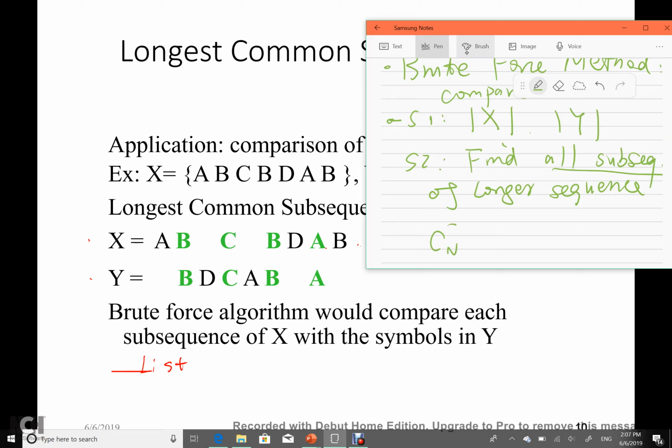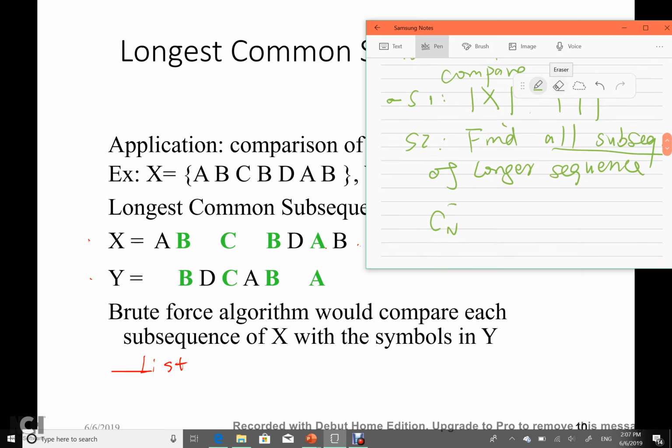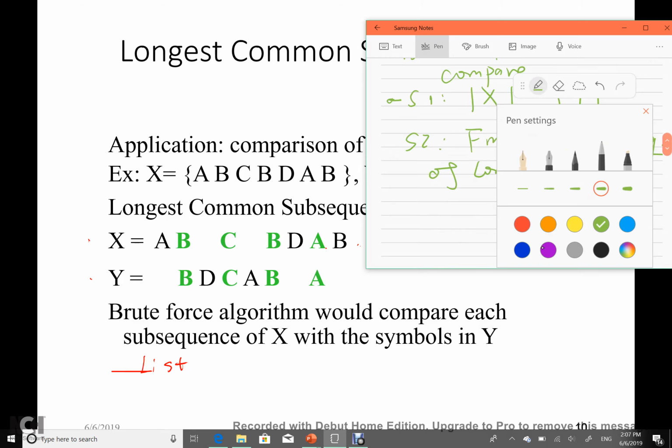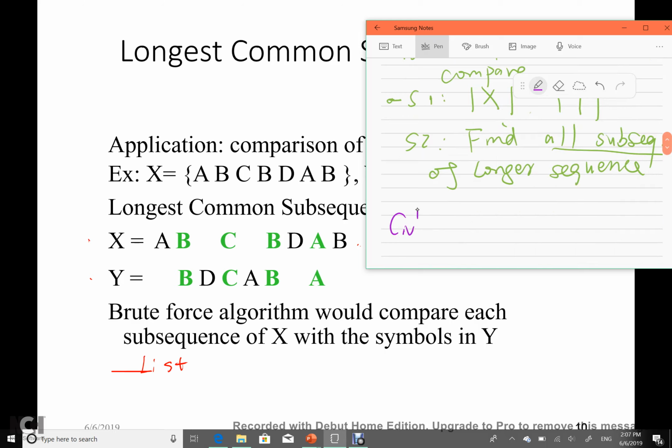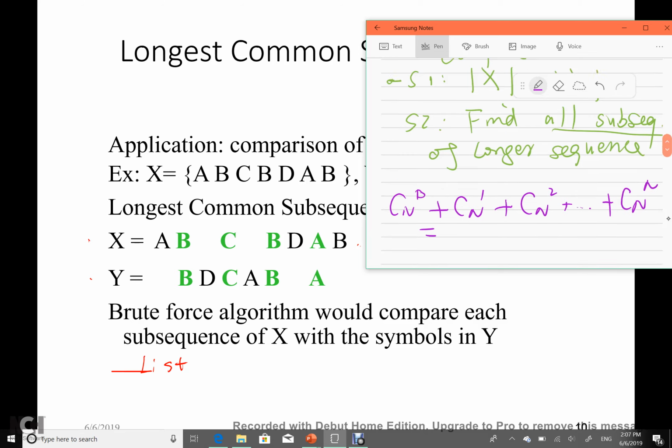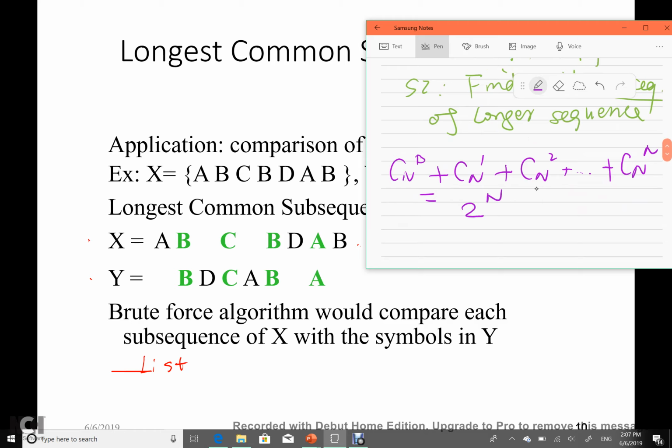We have what? It's exponential actually. How many subsequences do we have? We pick up nothing, pick up 1, plus pick up 2, plus pick up all. So in that case, we have 2 to the power of n subsequences.